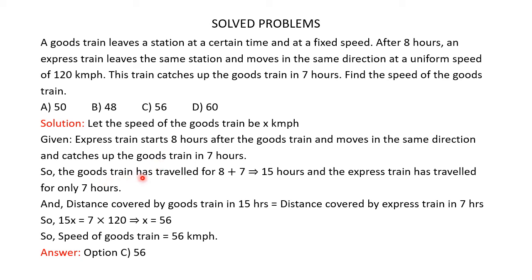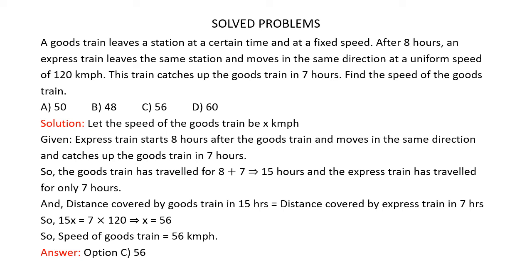So the goods train has traveled for 8 plus 7, that is 15 hours, and the express train has traveled for only 7 hours. Now, since the express train catches up with the goods train, the distance covered by the goods train in 15 hours is equal to distance covered by the express train in 7 hours.